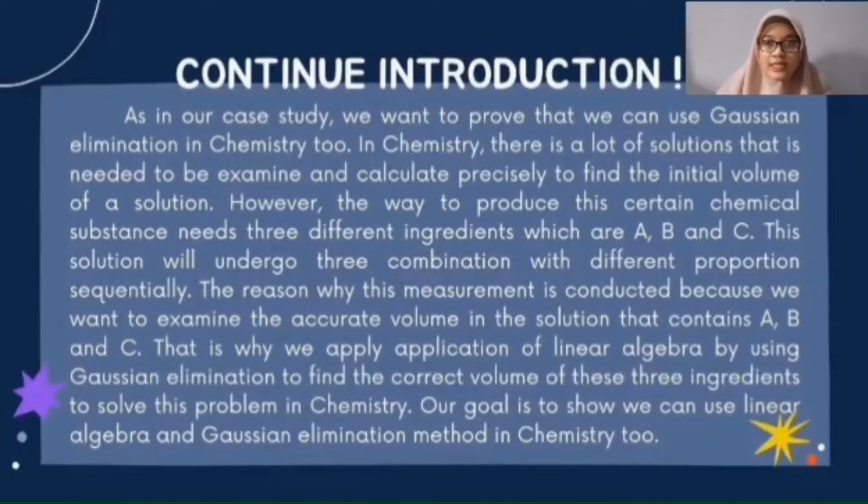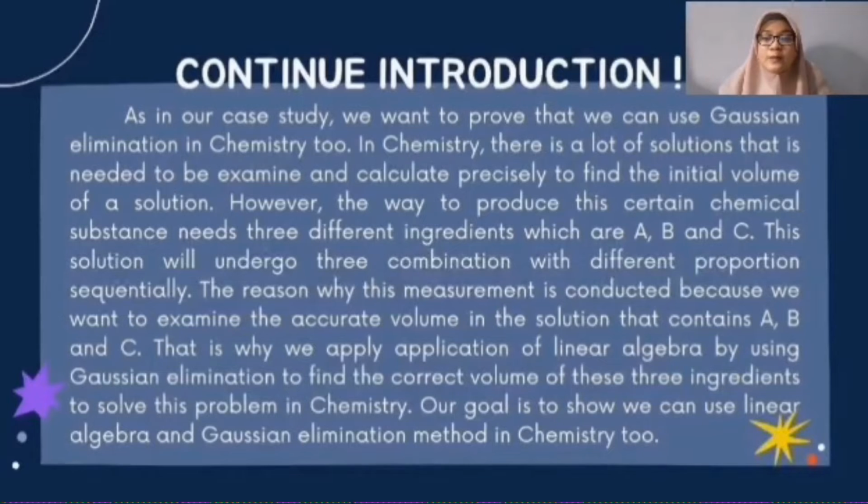In chemistry, there are a lot of solutions that need to be examined and calculated precisely to find the initial value of a solution. However, the way to produce a certain chemical substance needs three different ingredients which are A, B, and C. This solution will undergo three combinations with different proportions sequentially.